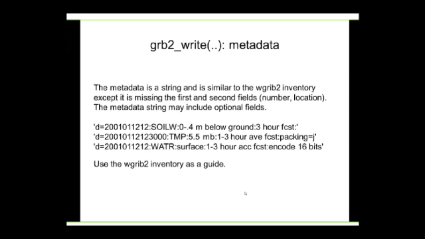And here's another one. In the same file, you can use different packing for different records? Yeah, it depends on the metadata. Here it's going to encode 16 bits, so if you want more precision, you say encode 16 bits.